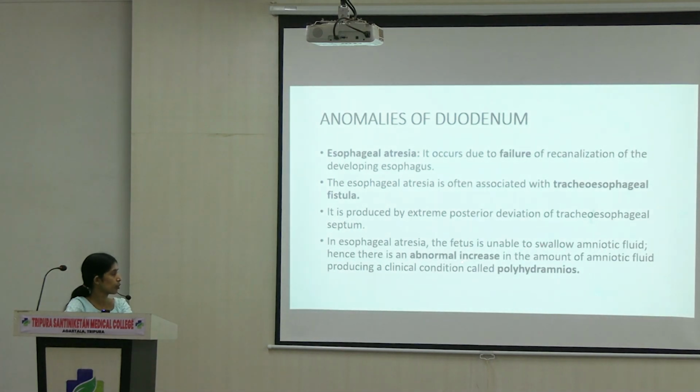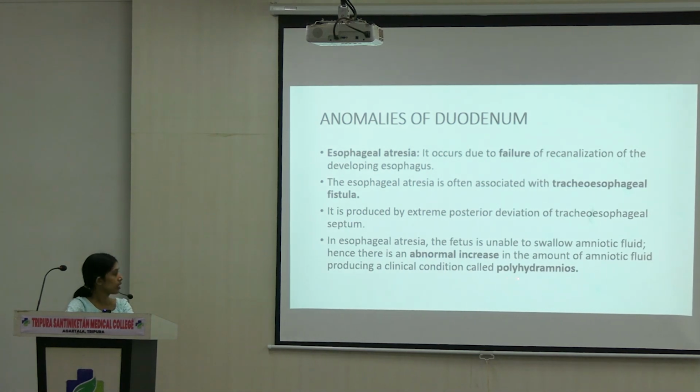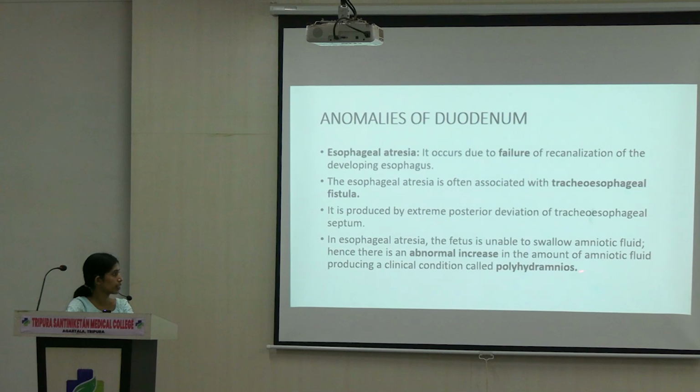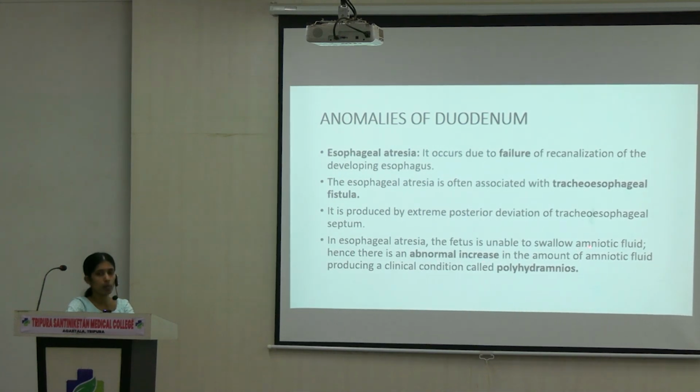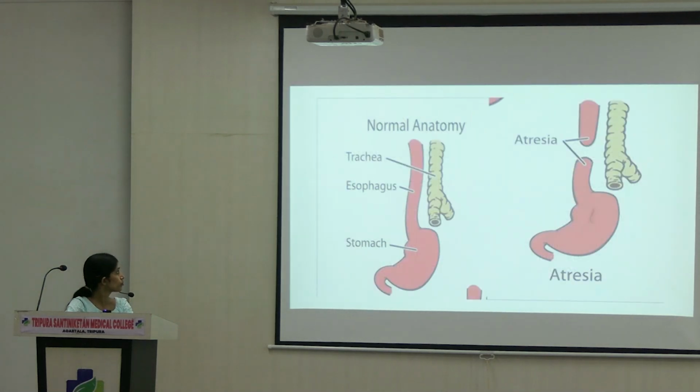Hence, there is an abnormal increase in the amount of amniotic fluid, producing a clinical condition called polyhydramnios. So polyhydramnios is nothing but the abnormal increase in the amount of the amniotic fluid.